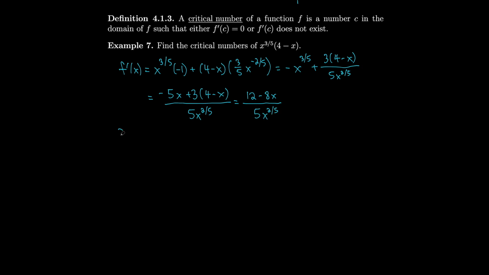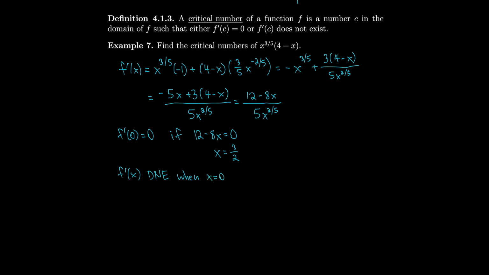Okay, so let's get f prime of 0. If we plug in 0, then we get 12 in the numerator and 0 in the denominator. So f prime of x is equal to 0 if 12 minus 8x equals 0, which means that x equals 3 over 2, and f prime of x does not exist when x is 0.